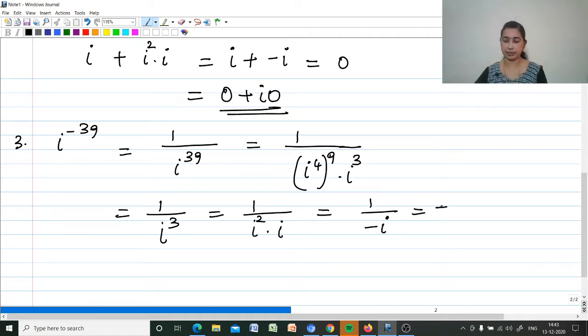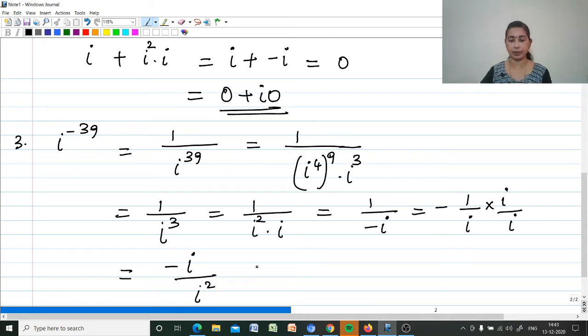So minus, let it be there, then 1 by i into i by i. In order to cancel that i from the denominator, we have to multiply i in the numerator and denominator. So we are getting minus i divided by i square, that's equal to minus i divided by minus 1, or it is equal to plus i.